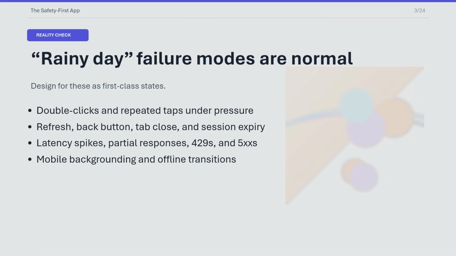Rainy day failure modes are really normal, and we need to design for them as first-class states. We need to ensure that double clicks and repeated taps under pressure get registered properly, along with things like refreshing, the back button, tab close, and session expiry.